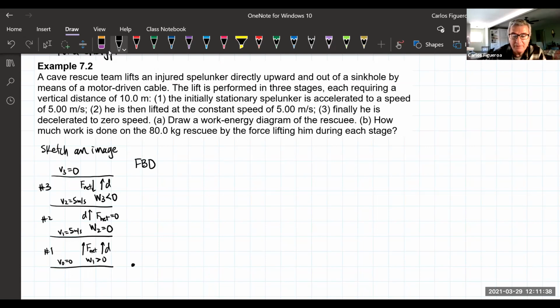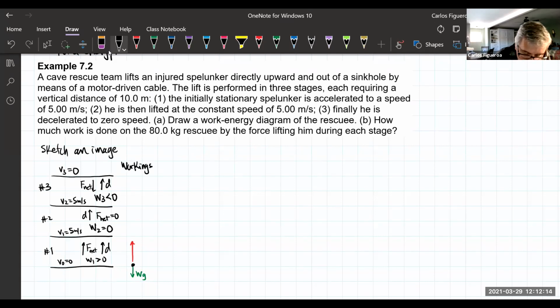So if you think about it, the only way you can move up here and speed up is that if I have the work of gravity has to be down, okay? Well, that means that the work of the cable, I said free body diagram. Ooh, that was a mistake. I should not say free body diagram. I'm thinking the workings.